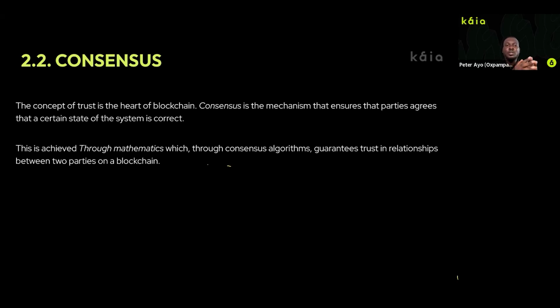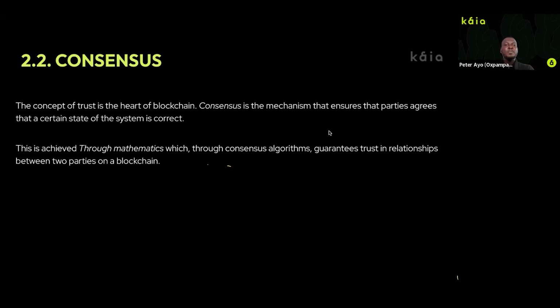Participants in this case means the blockchain nodes, right? This is achieved through mathematics, and it guarantees trust between the parties on the blockchain, right?